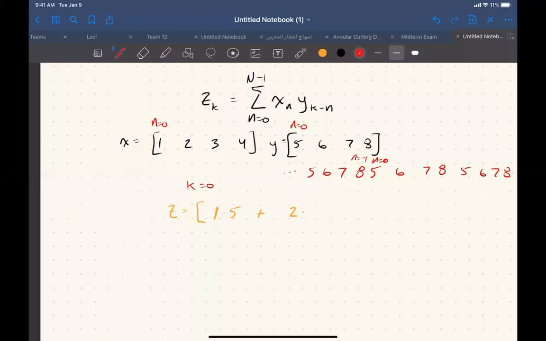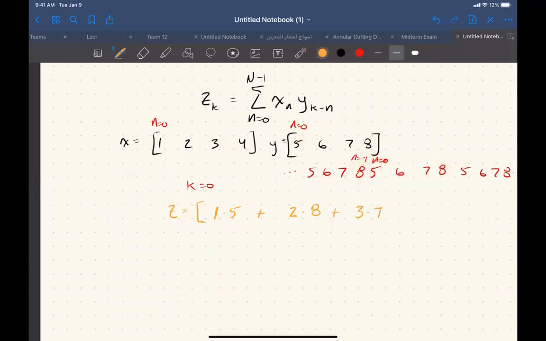So y -1 is 8. We can just kind of go this way, or you could think of it as tiling. So this is n equals 0, 1, 2, 3, or -1, -2, -3. So -1 is 8. So it's 2 times 8. Plus, it's going to be 3 times 7.